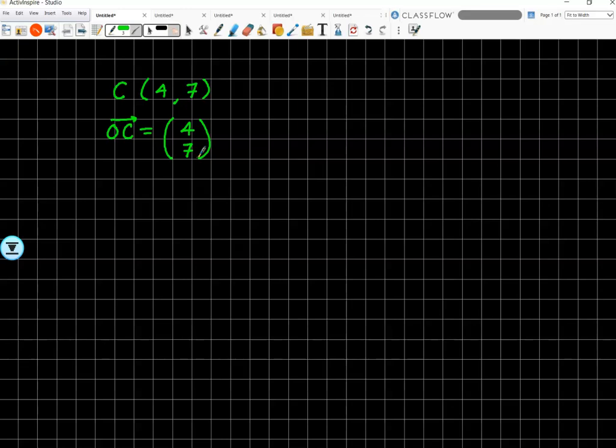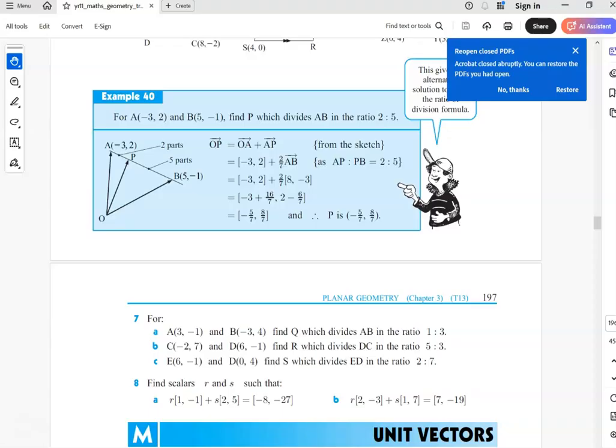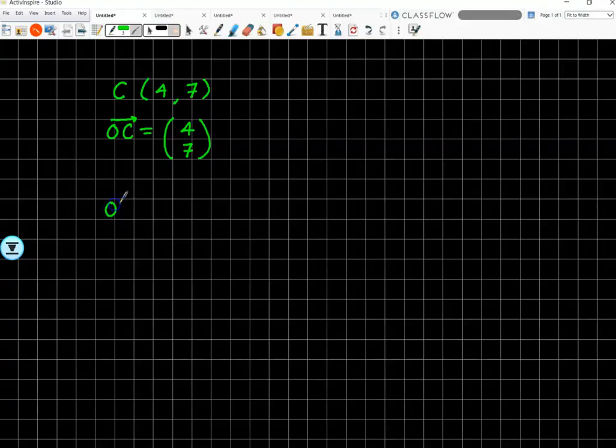That allows us to find various bits and pieces, but it also means that if I can find OP, and I end up getting that the vector OP is, I don't know, 10, 12, therefore that allows me to say that the point is then 10, 12. Does that make sense? So that's where we're going with this stuff.